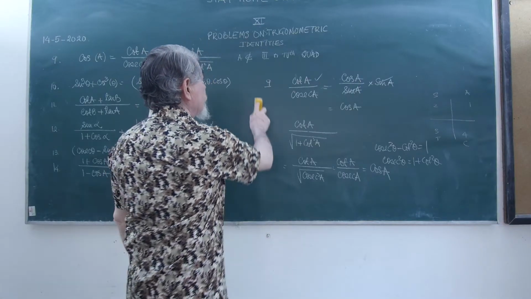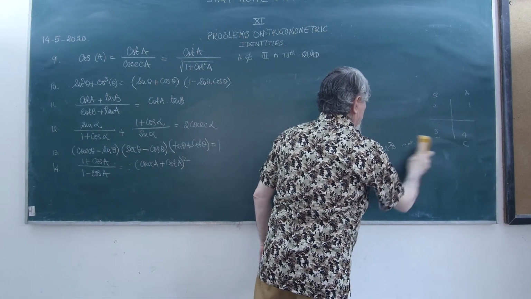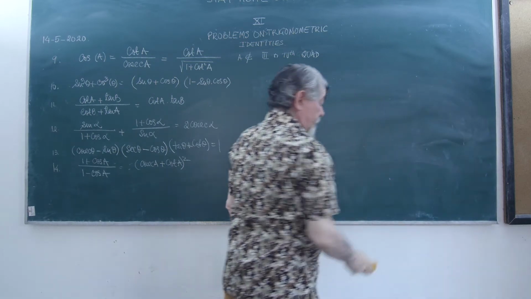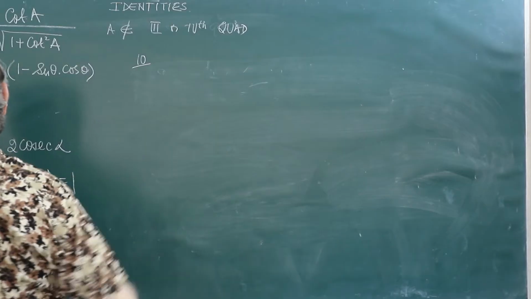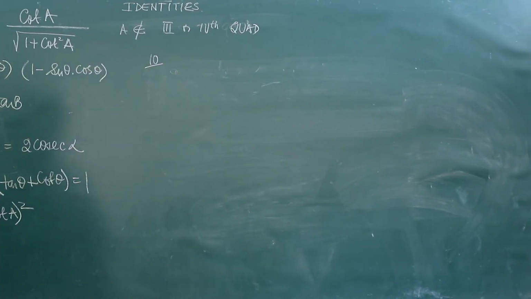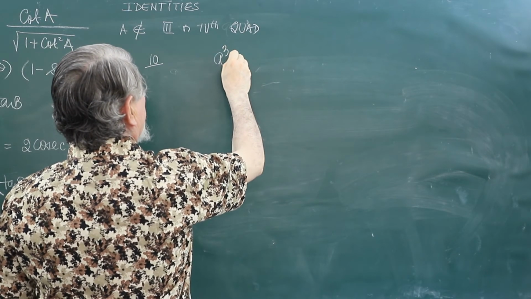Now let us see question number 10. In question number 10, I have sine cube theta plus cos cube theta. Before I start the question, I must have a cube plus b cube.